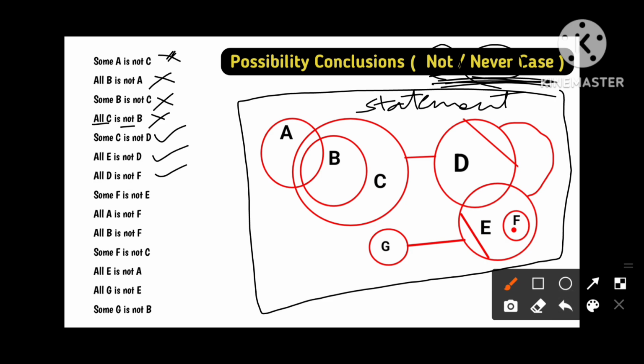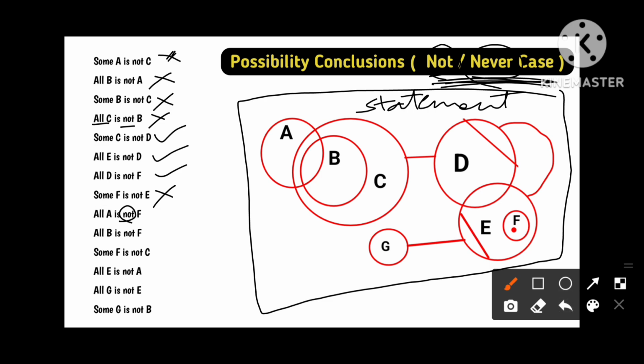So this conclusion is true. Next one, not. So we check all F can be E. Here we already see that all F is sharing with E. All case is already satisfying, and all case satisfying means not case will be fails.